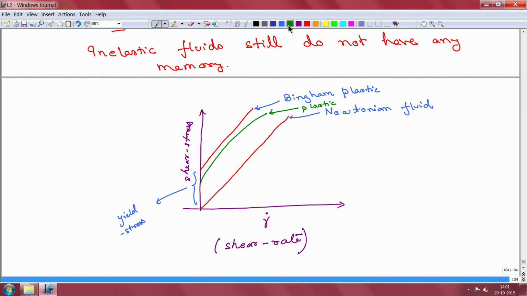And that brings us to another type of fluid, maybe I will use black here, and this graph represents a shear thinning fluid, also called a pseudoplastic.